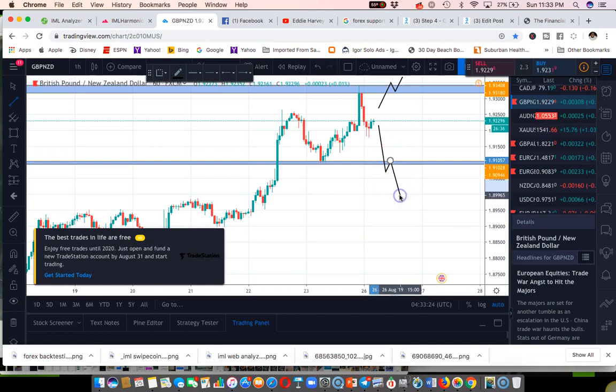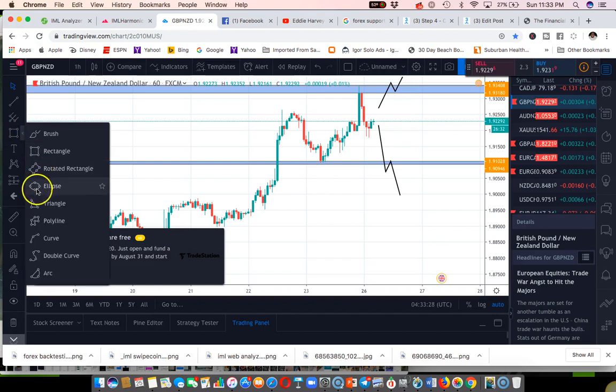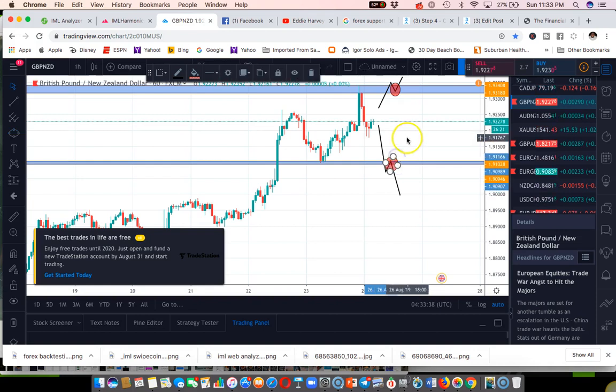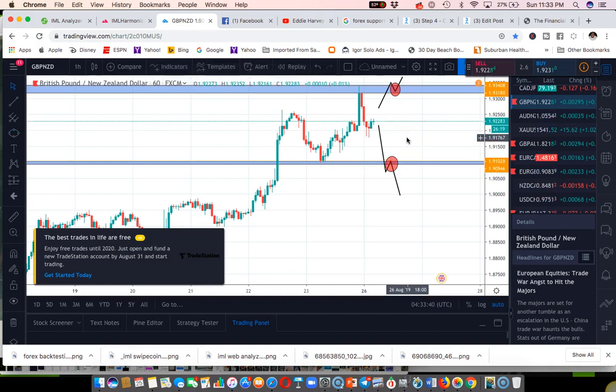Then I'm entering into a sell. So that's how I use support and resistance. I'm going to draw an ellipse here as my zone areas. And until one of these moves happens, I will not enter into this trade. That's how I use Forex support and resistance, guys.